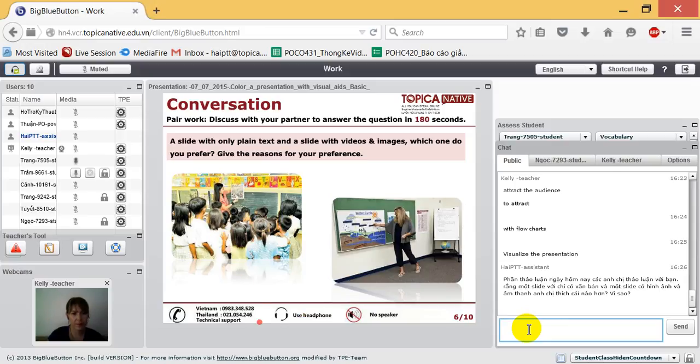I think it's a good way for our presentation. The reason is it's easy to understand. As you said, a presentation without visual aids may make the audience or listeners sleepy and sometimes really boring. It's a good idea.